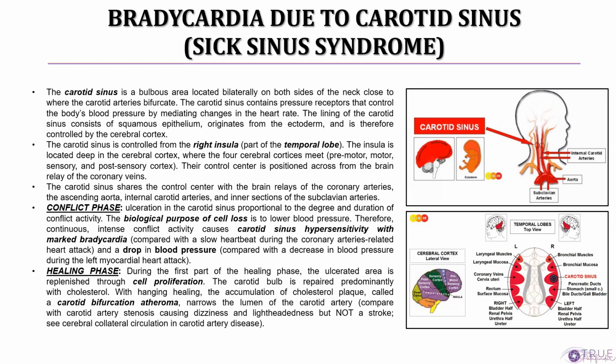During the first part of the healing phase, the ulcerated area is replenished through cell proliferation, and the carotid bulb is repaired predominantly with cholesterol. With a hanging healing, the accumulation of cholesterol plaque, called carotid bifurcation atheroma, narrows the lumen of the carotid artery.